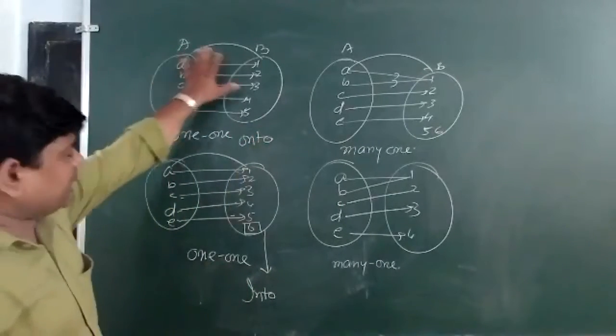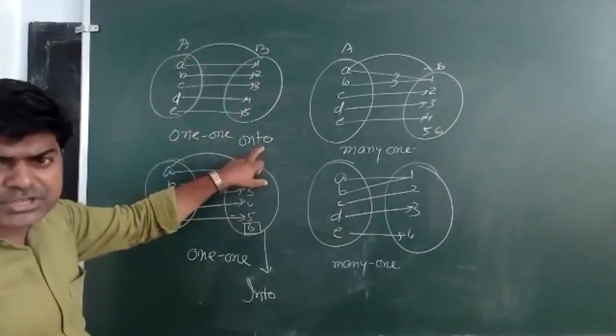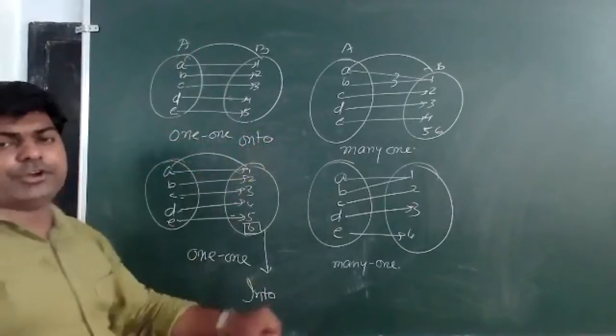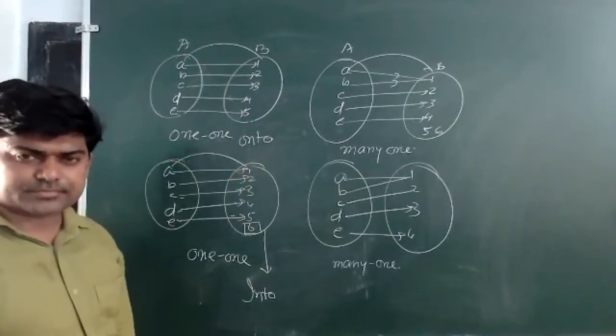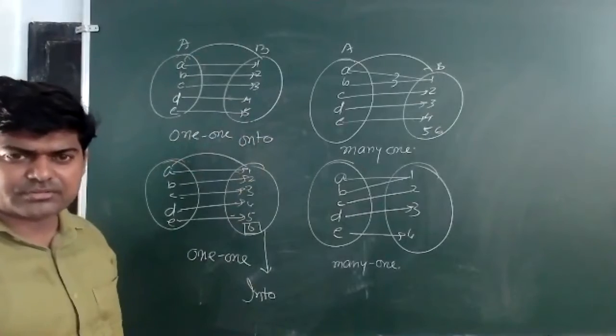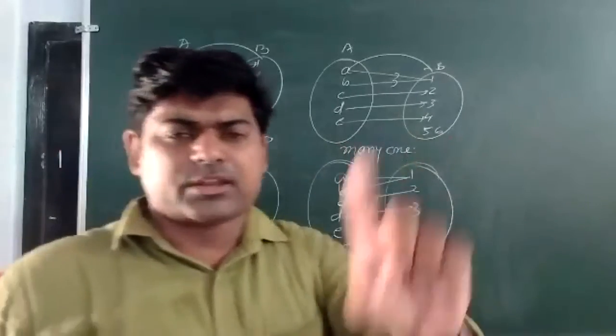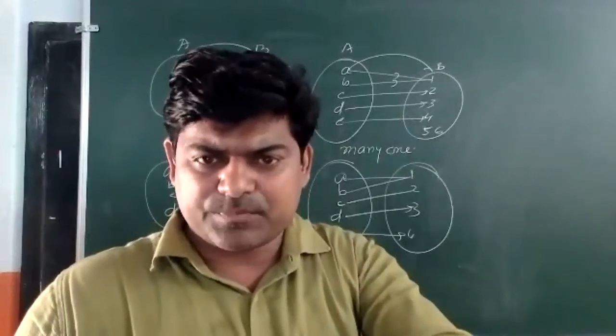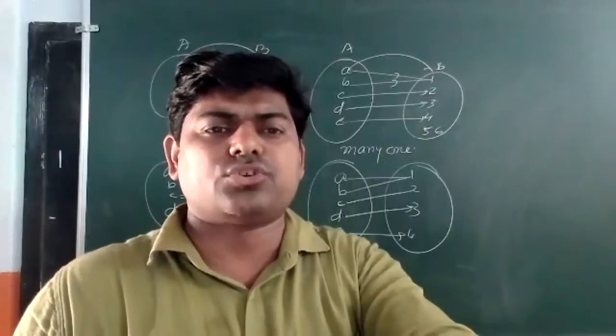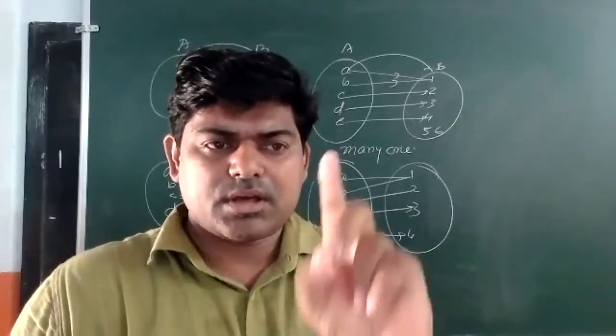So overall, it can be called 1, 1 onto function. It can be called 1, 1 into function. Are you getting me what I want to say? Here also, I first defined what is 1, 1 and what is many one, and after that I am defining what is onto, what is into.